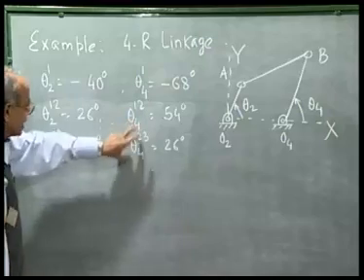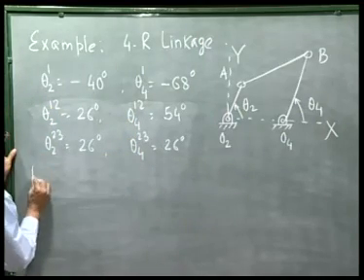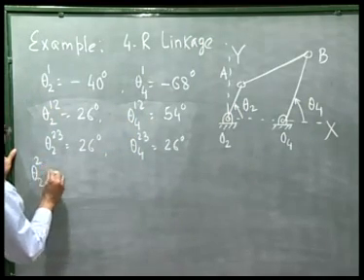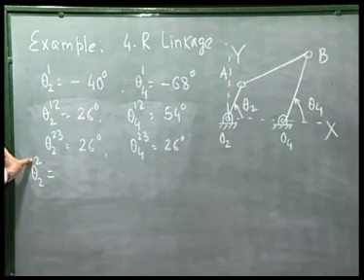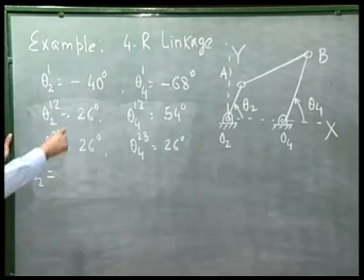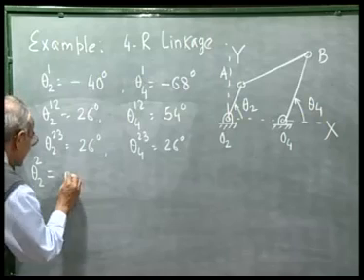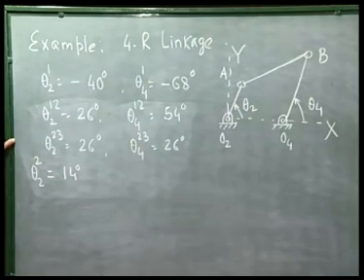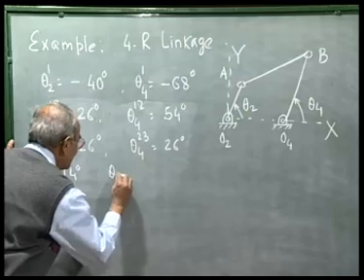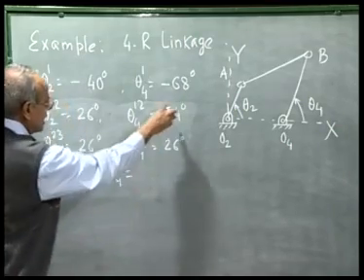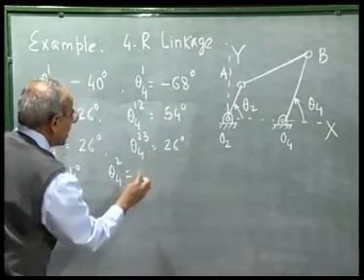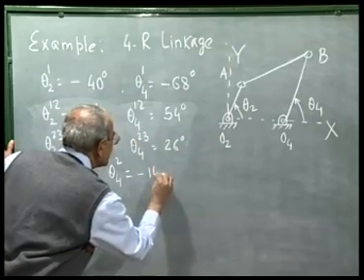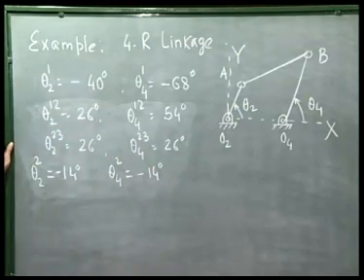For these two prescribed sets, I can find out the value of theta 2 corresponding to the second configuration, that is theta 2 2, which is minus 40 plus 26 degree gives me minus 14 degree. And theta 4 2 is minus 68 degree plus 54 degree, that gives me again minus 14 degree.